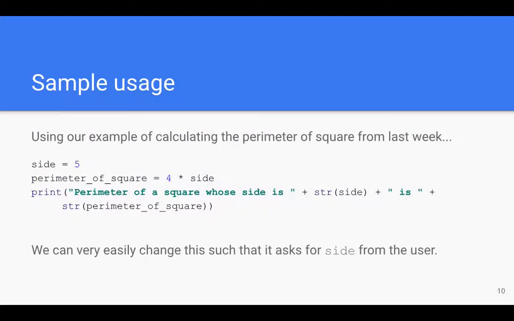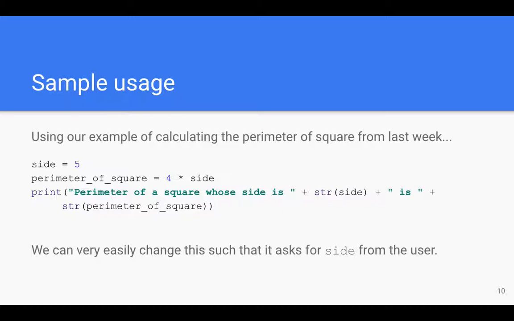Okay. All right, so let's move on and look at an example that we did last week that calculates the perimeter of a square. Remember, we hard coded the side of the square to a number, which means if we want to calculate the perimeter of a square whose side is of a different length, we have to change the source.